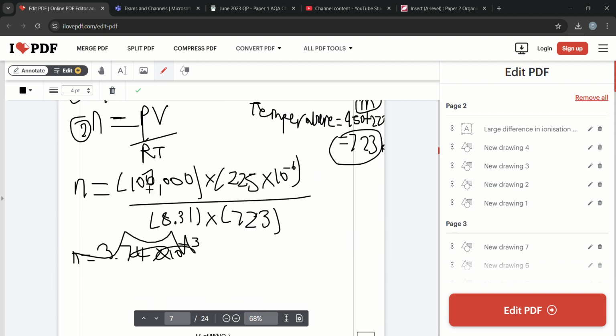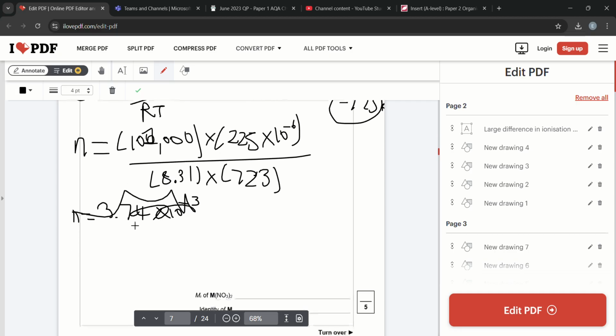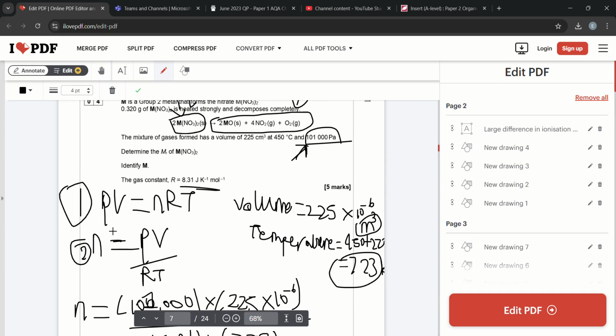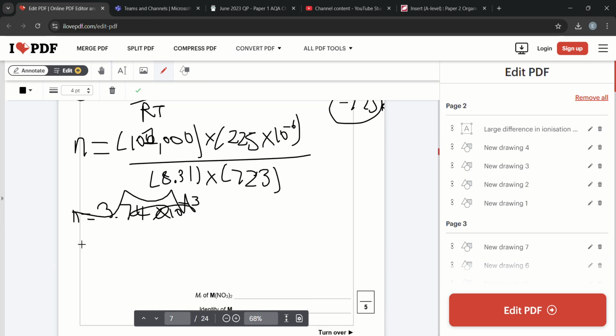So reading the question properly as well. What I might start doing for my next mock, and maybe you should do it too for your actual A levels, is get a highlighter and highlight the key details in these mathematical questions. So n is equal to 3.78 times 10 to the power minus 3.